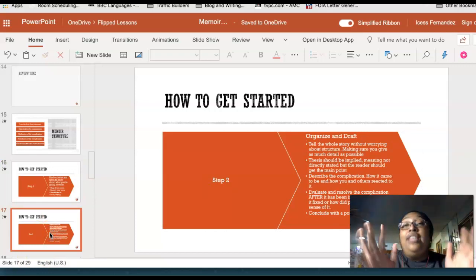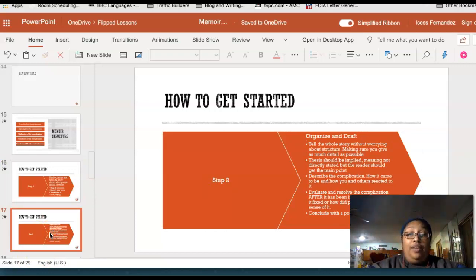Then, step two is organizing and drafting. And we talked about this earlier, with the 5 sections of the essay. So you want to write the whole story, and really, when you're working on your first draft, you're the only one that's going to see this draft. Go ahead and write everything you need.